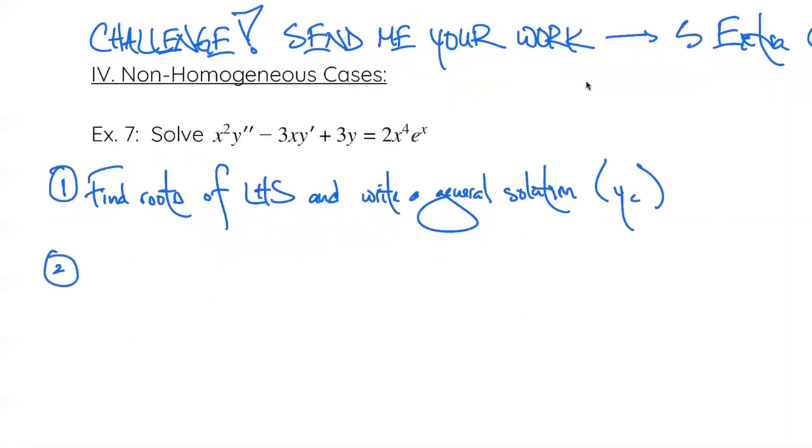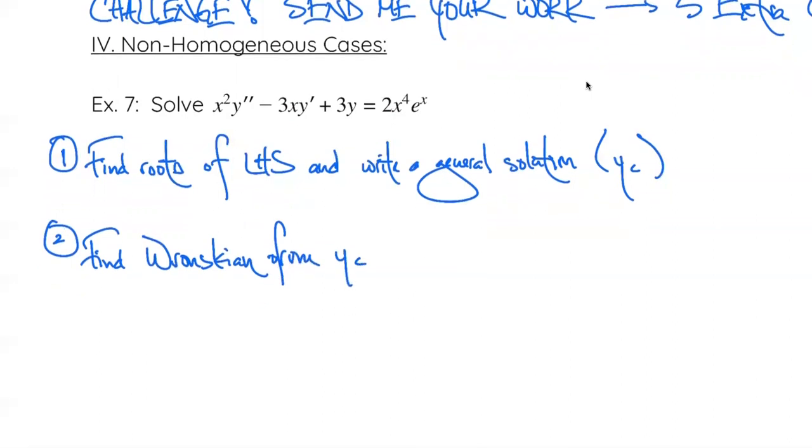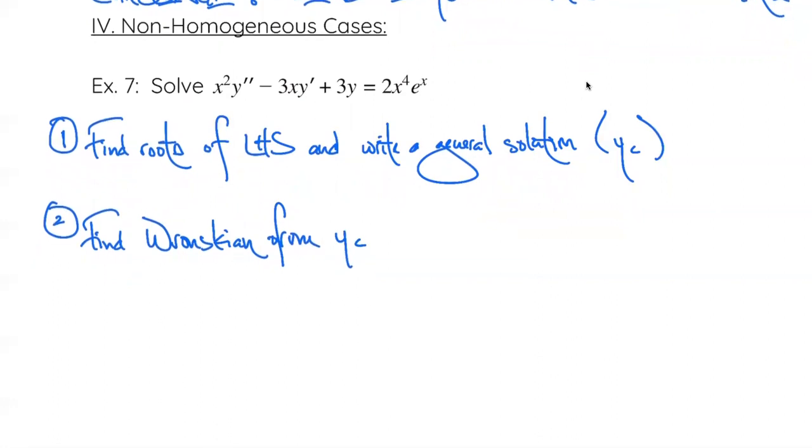After that, I would find the Wronskian from y sub c. Okay, find the Wronskian for y sub c. After doing that, I would turn the differential equation into linear form.